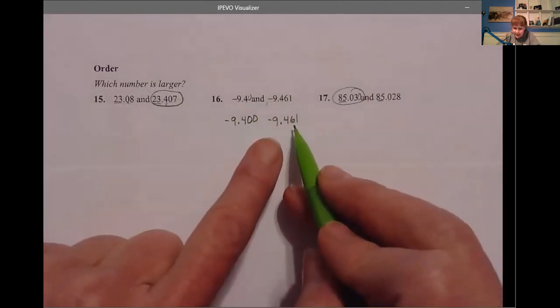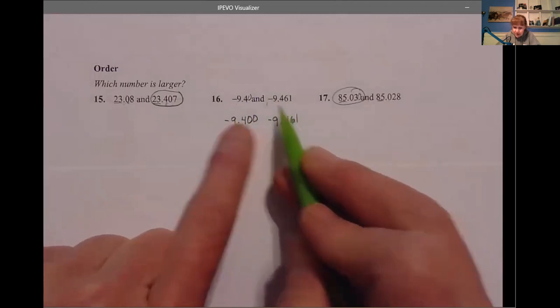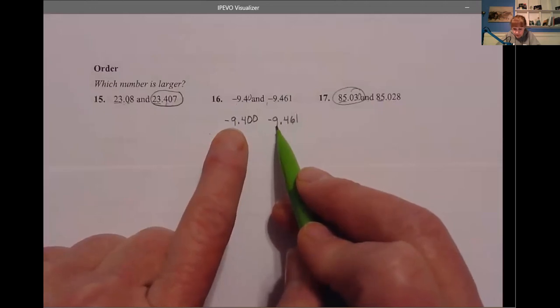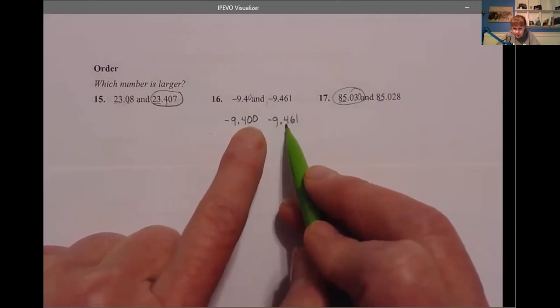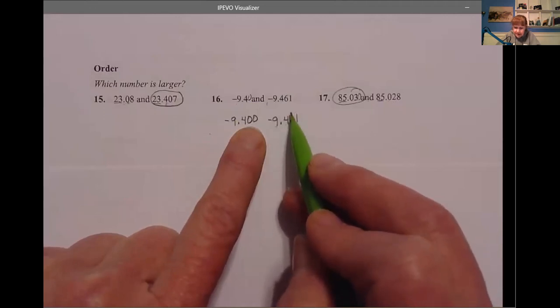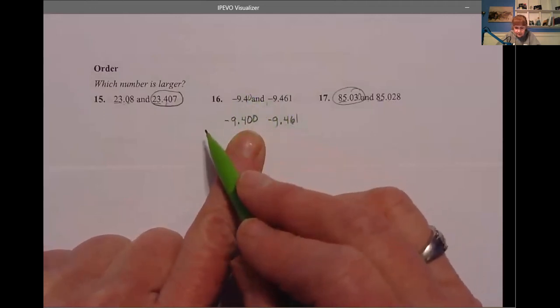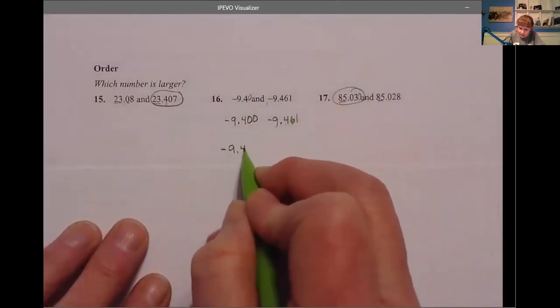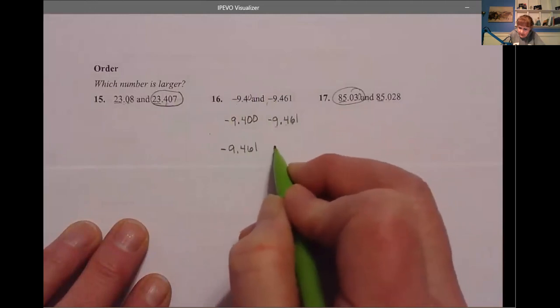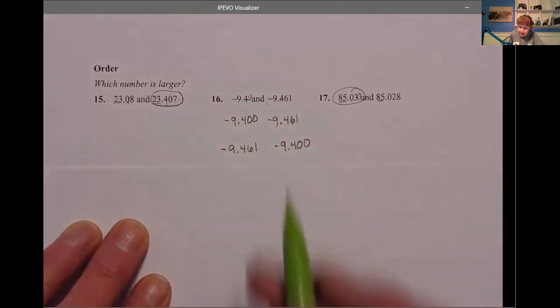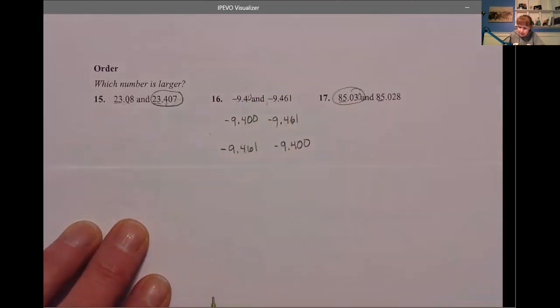So now it means that this number is to the left, all right, because you've got negative, you have 9, you have 4, 0, and 6. Because this is negative, the 6 is on the other side. All right. So it would be actually -9.461 and then -9.400. Okay. And again, you can add as many zeros as you need to.